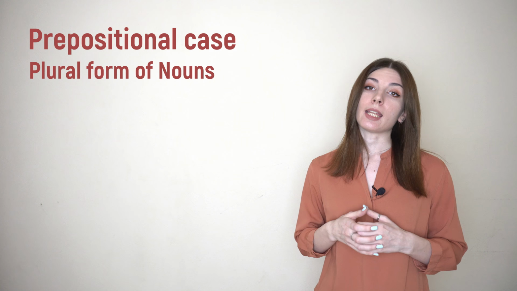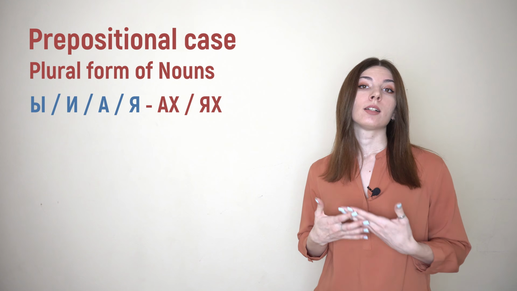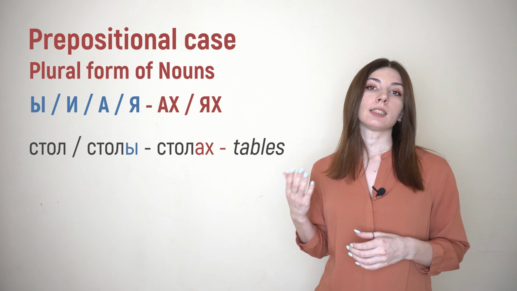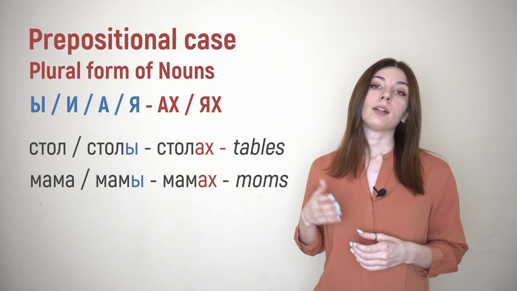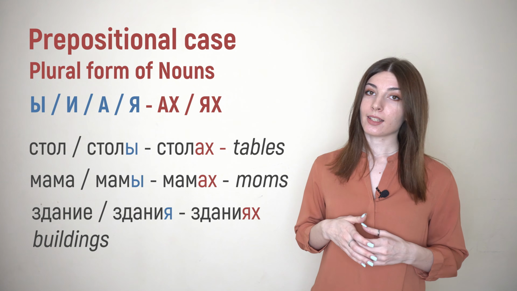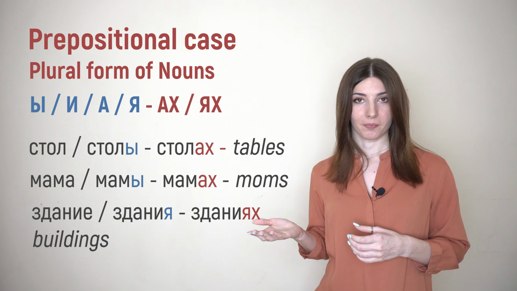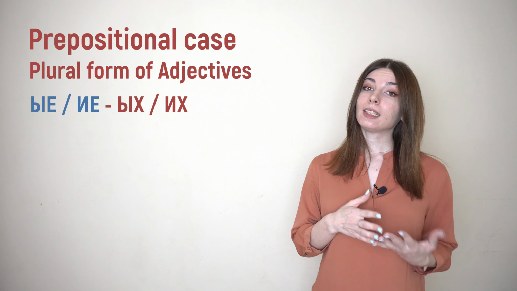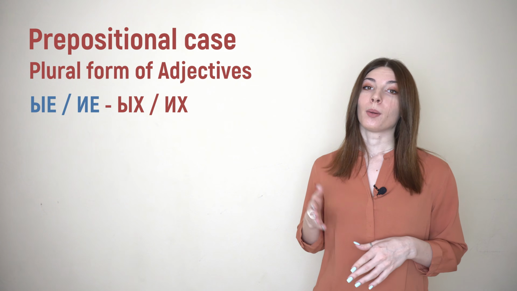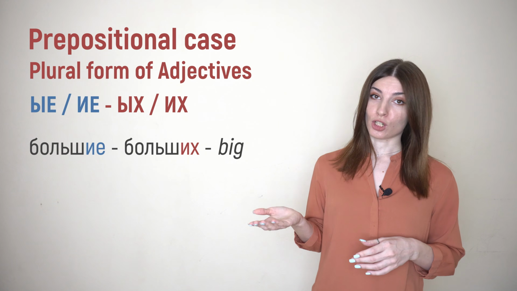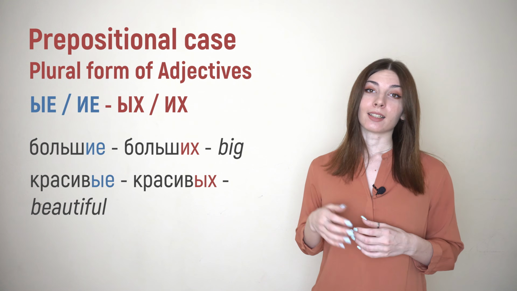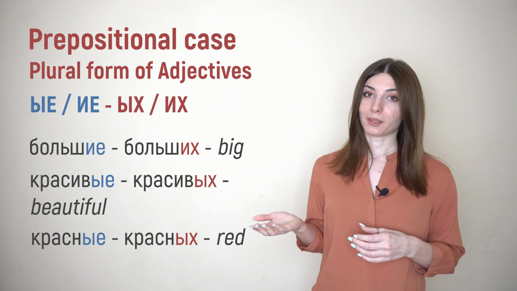For nouns, the ending will be ах, ях. For example, стол – столах, мама – мамах, здание – зданиях. And for adjectives, it will be их, большой – больших, красивый – красивых, красный – красных.